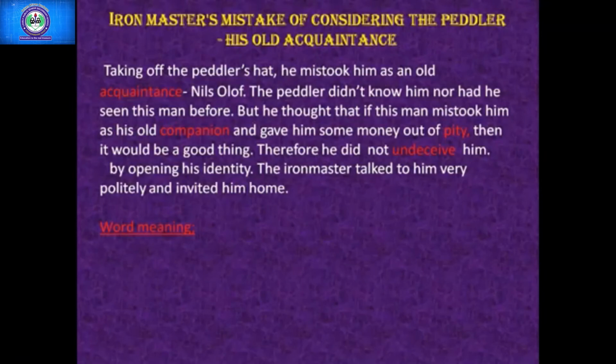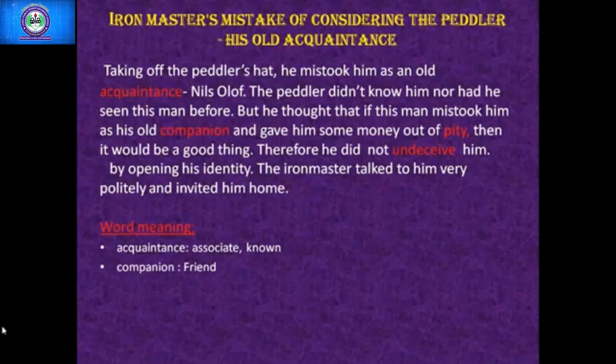When the ironmaster mistook him for Niels Olof, his old regimental comrade, old friend, he did not disclose his identity. Why? Because he thought that if the ironmaster would pity him, feel kindness for him and give him some money out of pity, it would be a good idea.